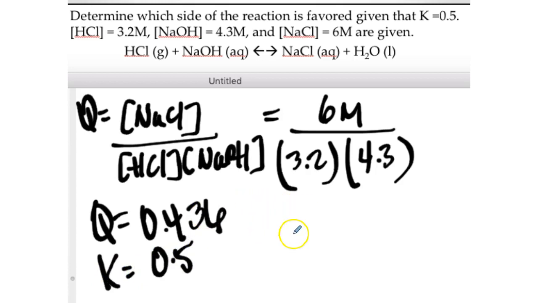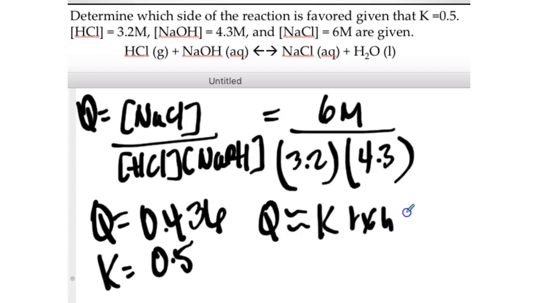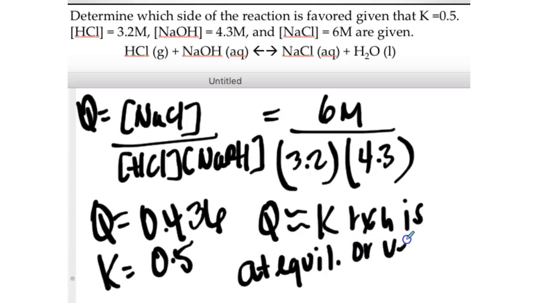Because Q is very similar to K, we could make the assumption that the reaction is at equilibrium or very close to equilibrium.